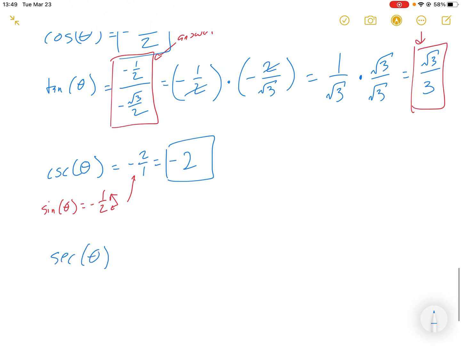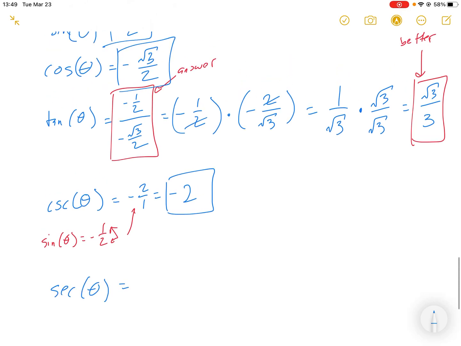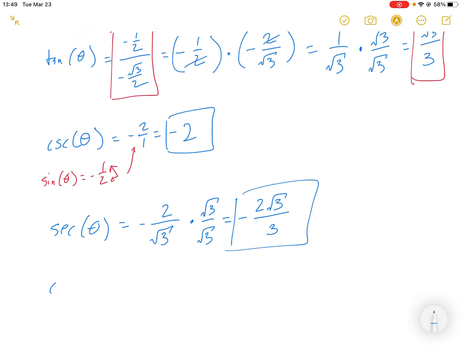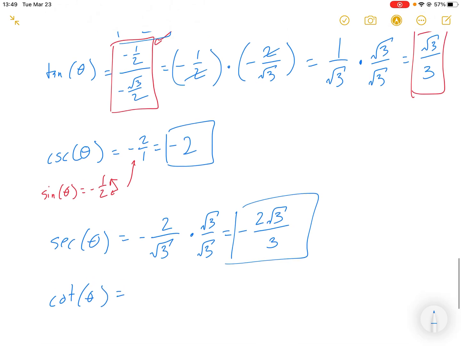For secant of theta, we get the reciprocal of cosine, so it's negative 2 over the square root of 3. Once again, I would like you to rationalize the denominator. So we end up with 2 times the square root of 3 over just a regular 3. And then for cotangent of theta, I'm just going to flip tangent. So tangent was positive 3 over the square root of 3.